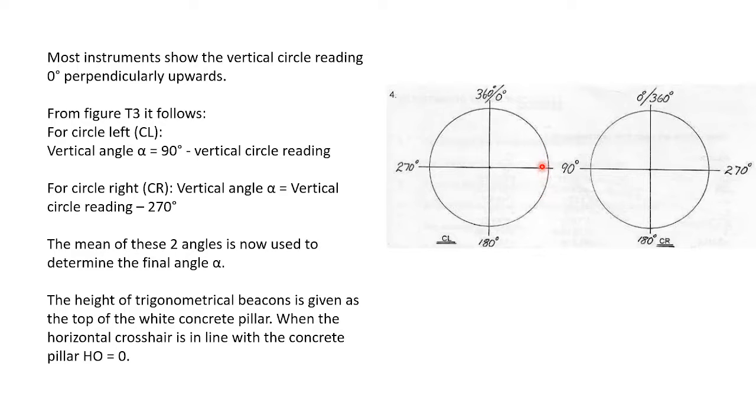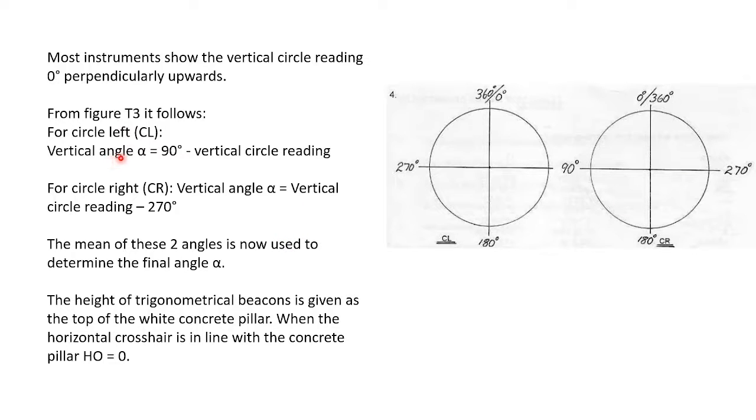your vertical reading. With the circle right, it's flipped around. Now it is 270 degrees for your horizontal looking straight. If you look upwards, the value increases. If you look downwards, the value decreases. And because of this, we need to work out the alpha angle between your 270 and your vertical circle reading.